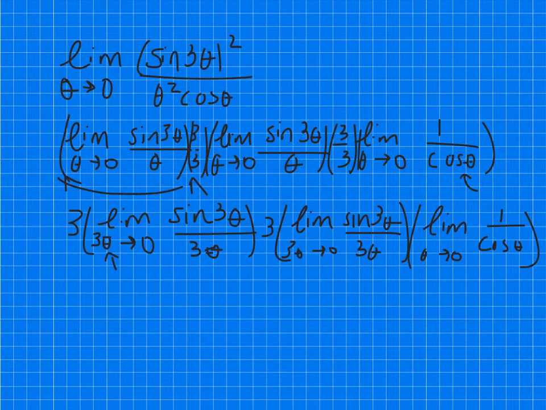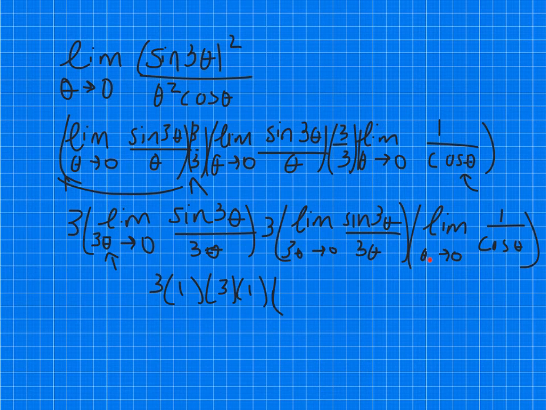And here we can see that these quantities match our squeeze theorem, because it's the sine of something over the same something as that something approaches 0, which equals 1. So we can rewrite this as 3 times 1 times 3 times 1 times, okay, let's look over here, because we have the limit of 1 over cosine theta as theta approaches 0.